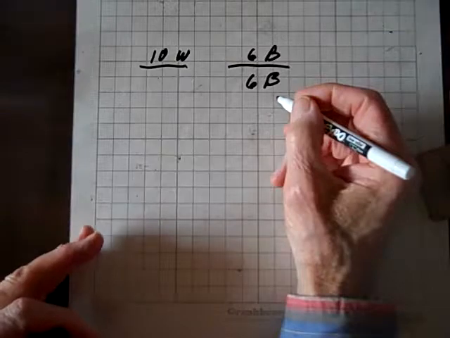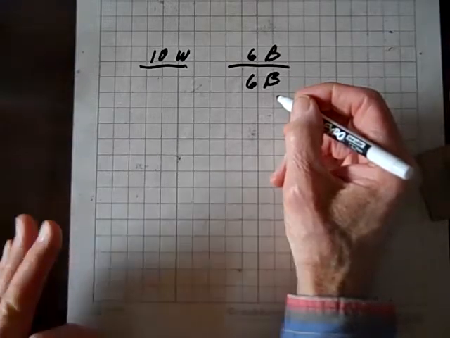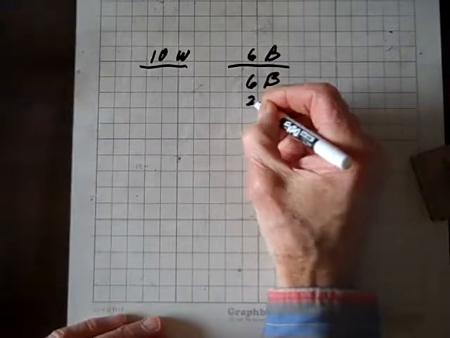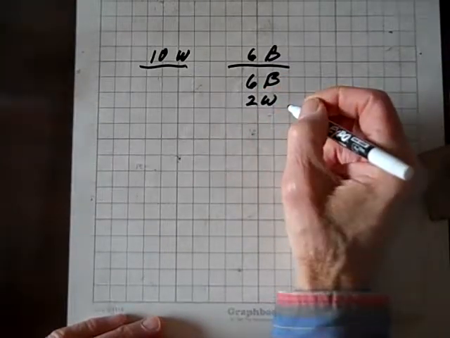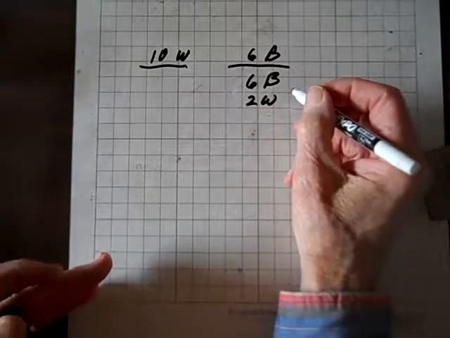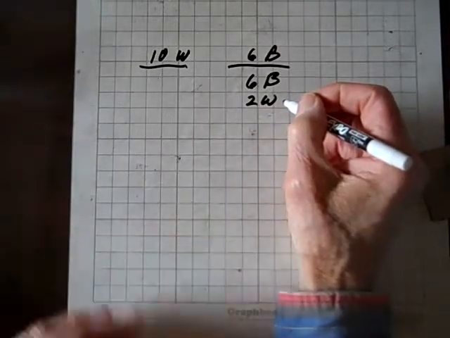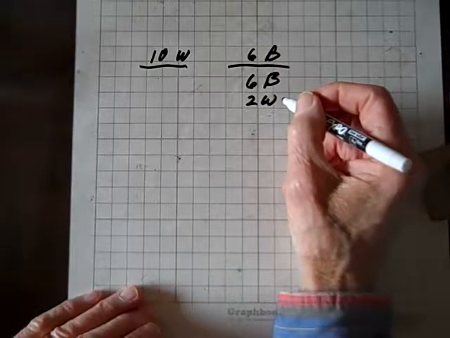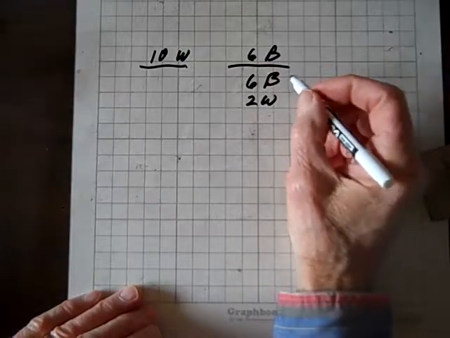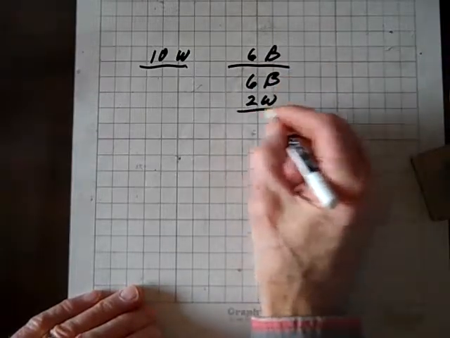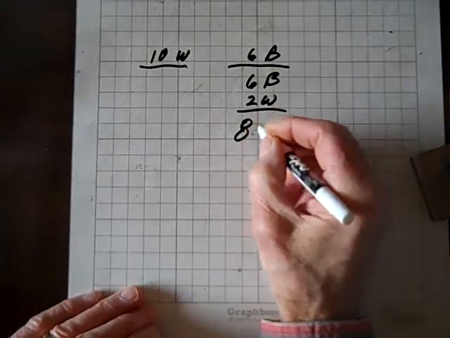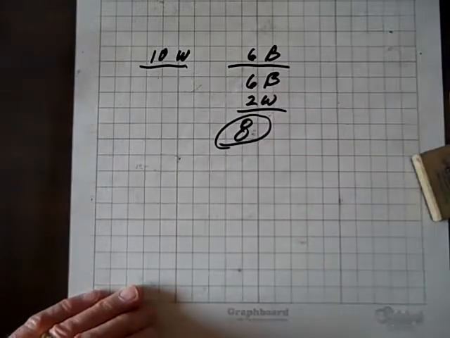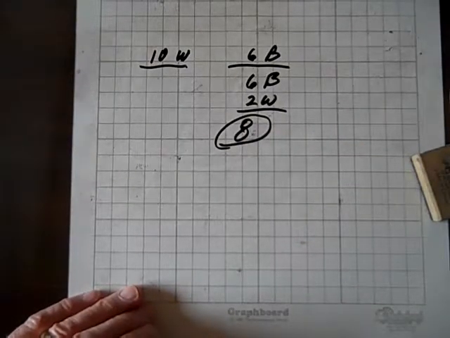Then, to get one pair of white socks, we have to pull out 2 more socks and they will be white. We can't guarantee that the first 2 draws are white, but we can guarantee that if we pull out 8 socks, at least 2 of those will be white.